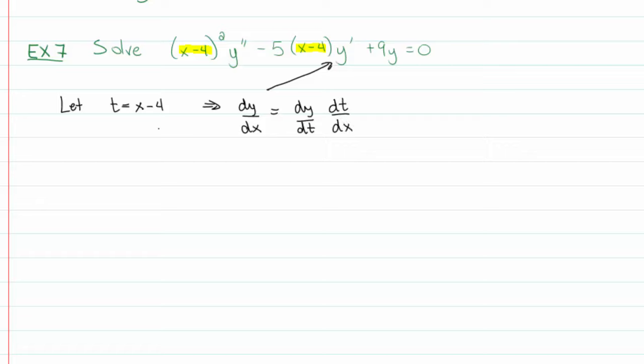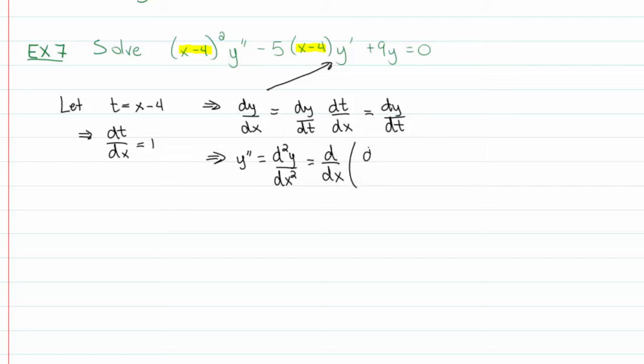So it's the same exact argument as before, but these are kind of easier because if you look at the derivative of that t with respect to x, so in other words, take the derivative with respect to x on both sides, you just get 1. And so this ends up being just a dy dt. And then you can do the same argument as we did in the previous example where y double prime, which is d squared y dx squared, can be written as d dx of dy dx, and that's d dx of dy dx is now just a dy dt.